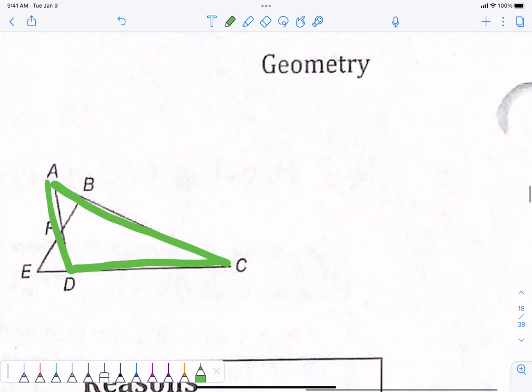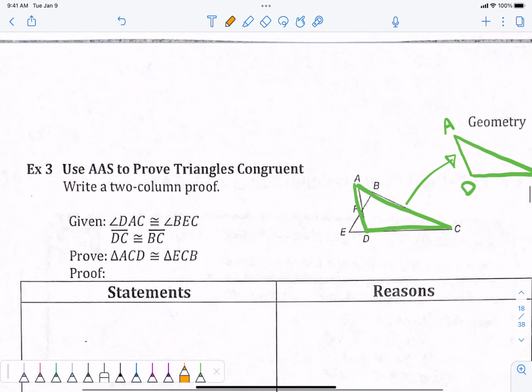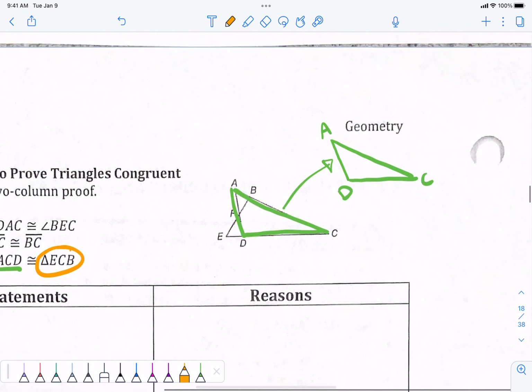To unconfuse myself, I'm going to take ACD and draw it over here by itself and separate them. ACD, that's one of the triangles that we're looking at. So I'm moving it over here. Then the second one is ECB.